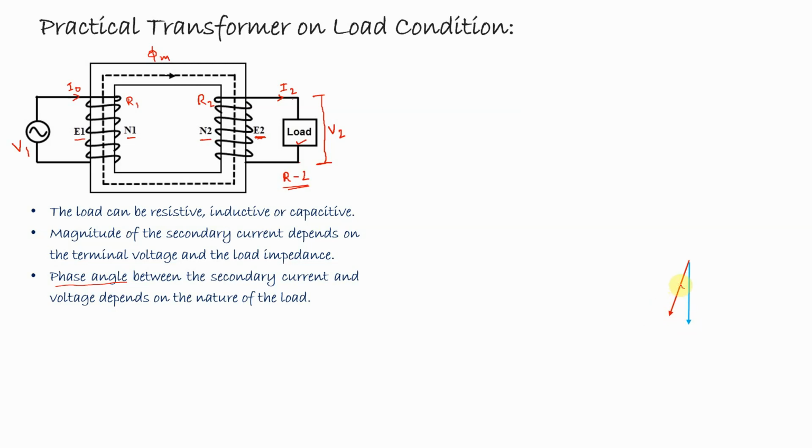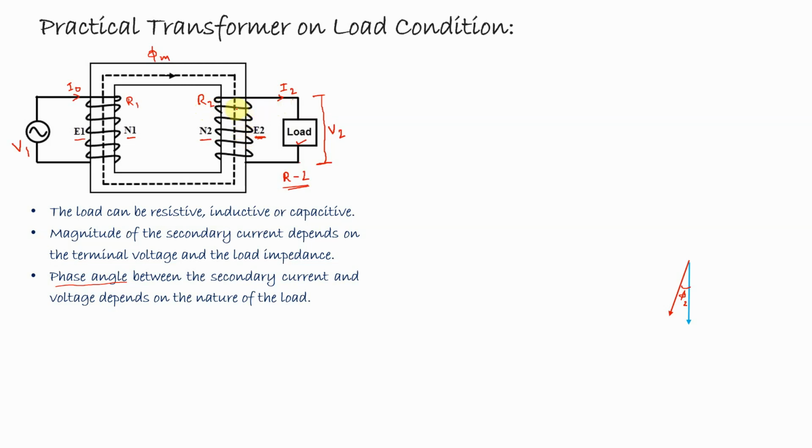Let's say the current is lagging the voltage by the angle of phi 2. This is the phase angle of the load. As the current I2 is flowing in the secondary winding and the resistance of the secondary winding is R2, definitely a resistive voltage drop will occur in the secondary side.